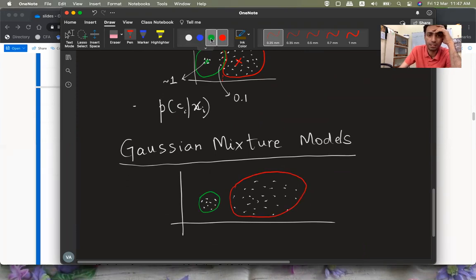So what you get here is it has a mean and it has a variance. Similarly, the red one has a mean mu and some variance sigma.